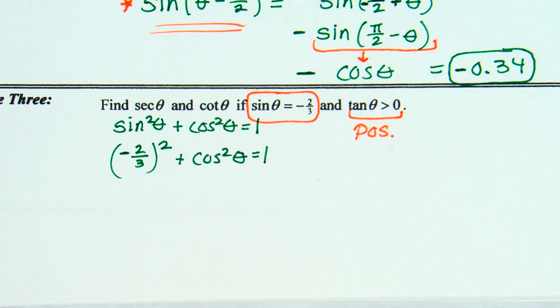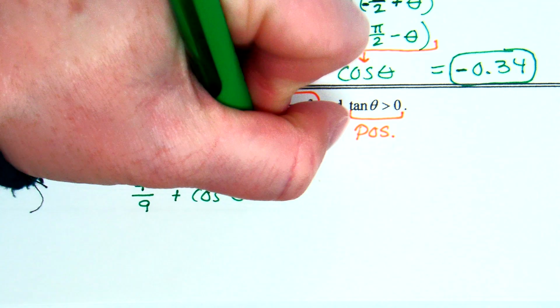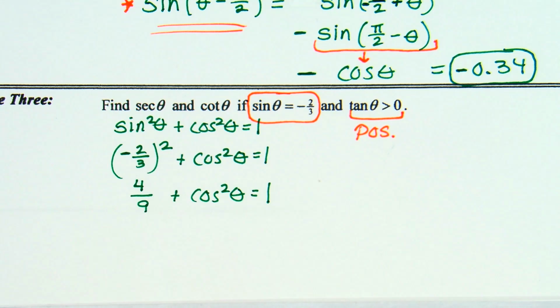What do you know about negative 2/3 quantity squared? 4/9, right? 2 times 2, 3 times 3. This is 4/9 plus cosine squared theta equals 1.